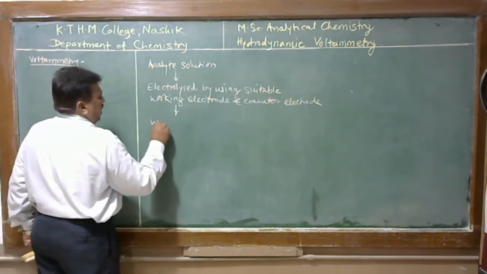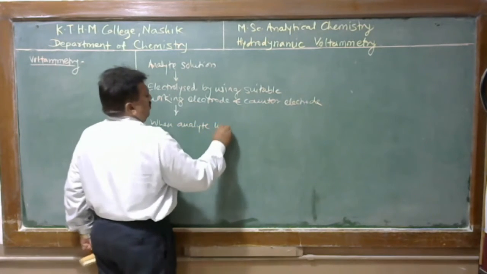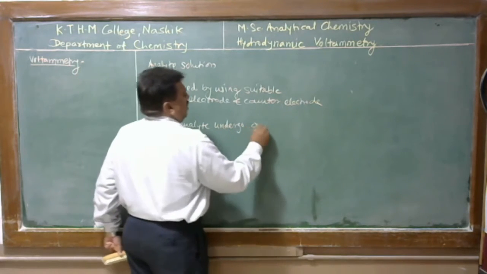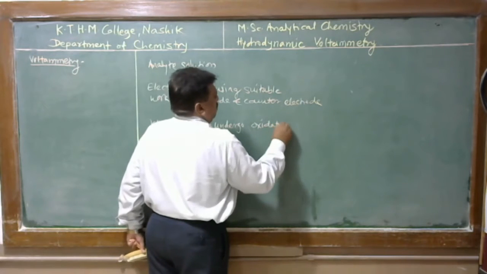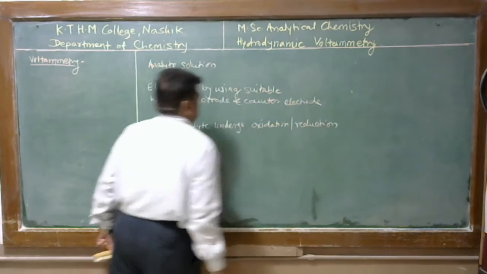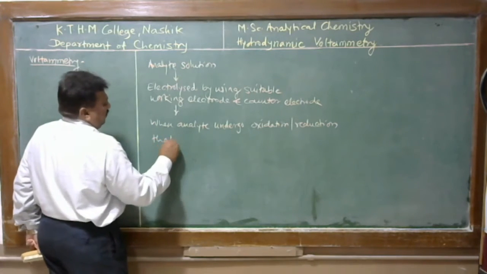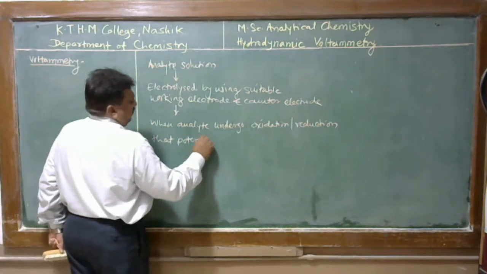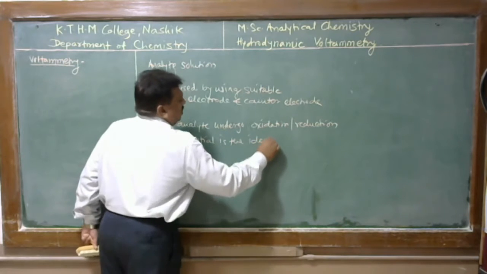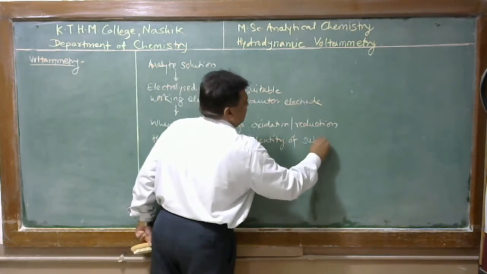When the analyte undergoes oxidation or reduction at the working electrode, that potential is the identity of the substance.